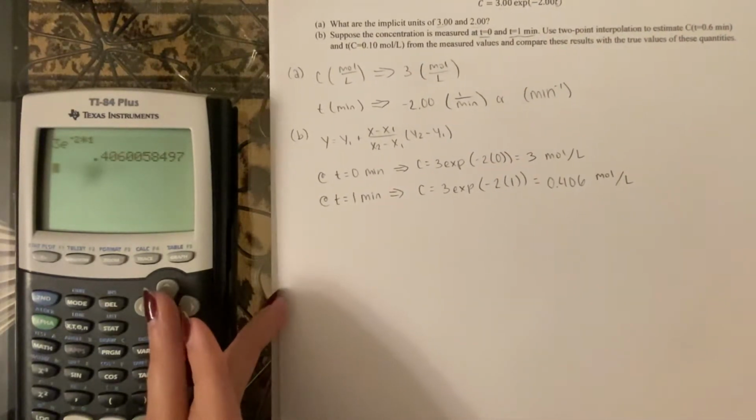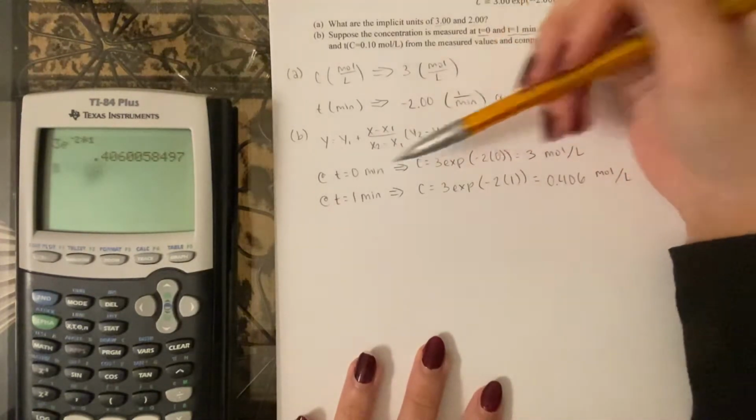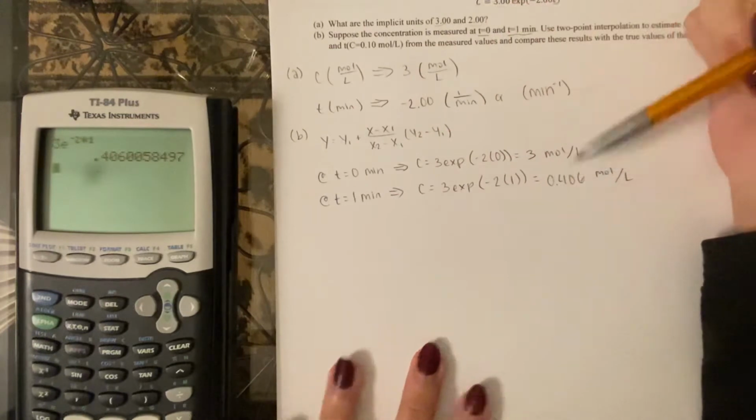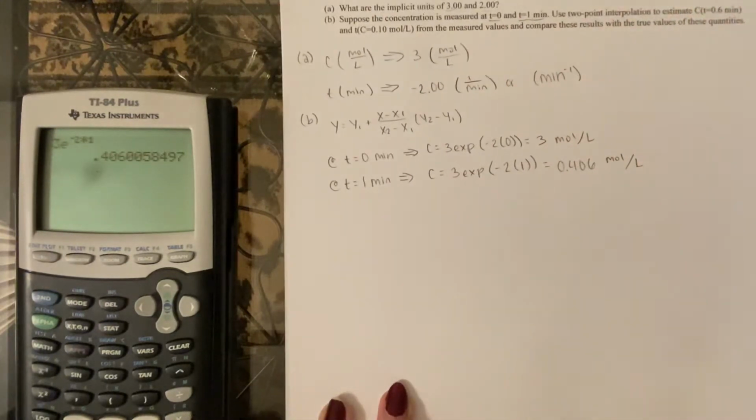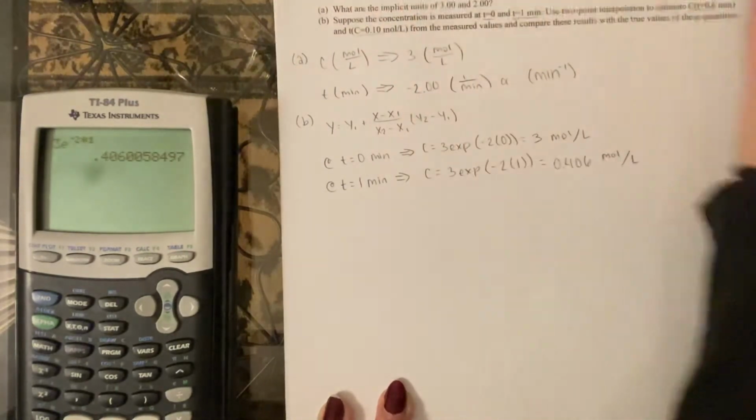And then we're going to use these 2 points, 0, 3, and 1, 0.406, to develop a linear equation so that we can interpolate these values.